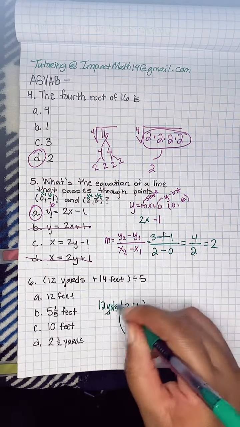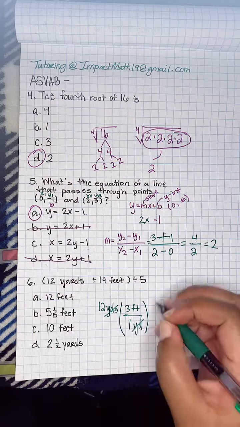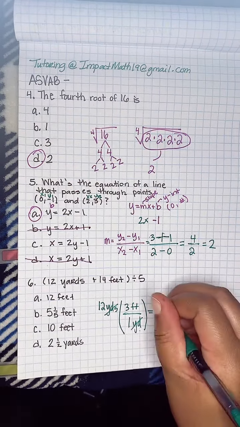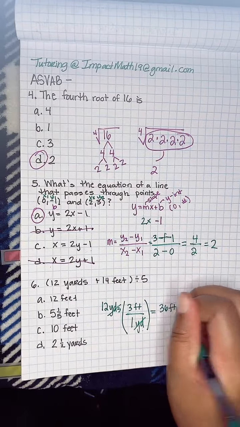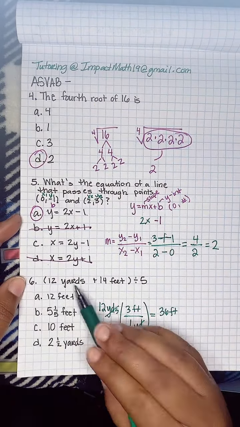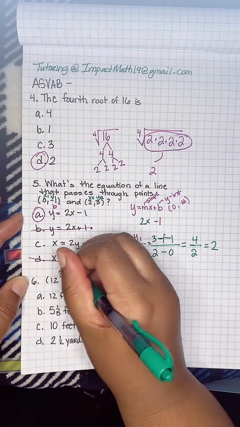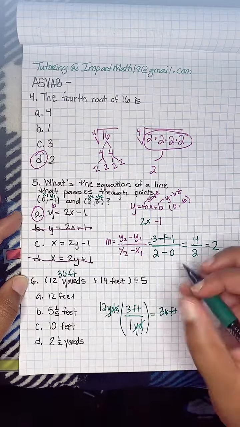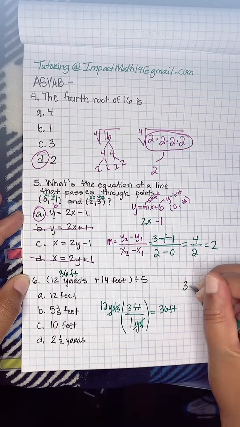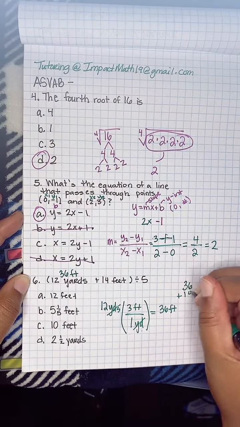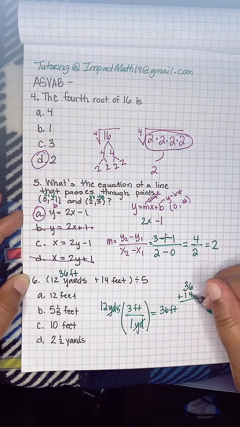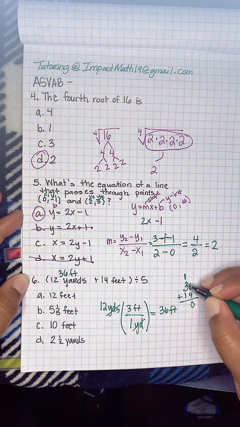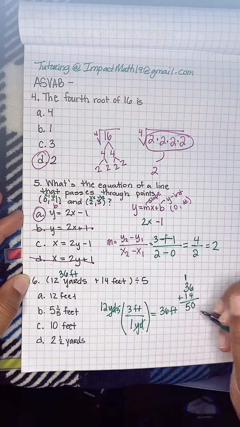Now we can multiply because our yards cancel. 12 times 3 gets us 36 feet, so 12 yards is really 36 feet. Now that we have feet and feet, we can add these. 36 plus 14: 6 plus 4 is 10, carry the 1, and 3 plus 1 is 5.